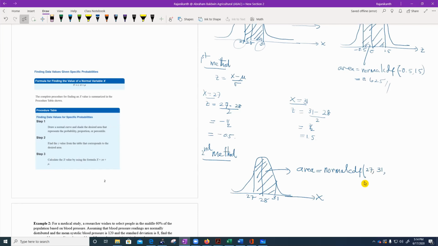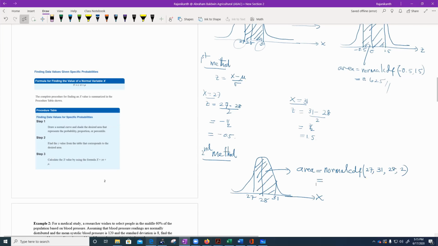But if you use the formula normal CDF for a normal variable, you need to define the mu and the standard deviation, in proper order. First mu, then standard deviation. So mu for this problem was 28, the mean, and the standard deviation was 2, and put all four values in order.